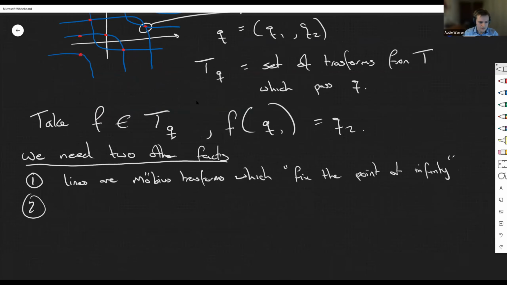And the second one, maybe I'll state as an even simpler statement: the Möbius transforms form a group under composition.